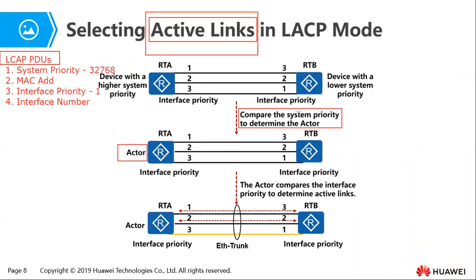In case RTA and RTB have the same system priority, then what breaks the tie to decide who becomes the actor is the MAC address. So whoever has a lower MAC address becomes the actor. So that is how an actor is actually selected.